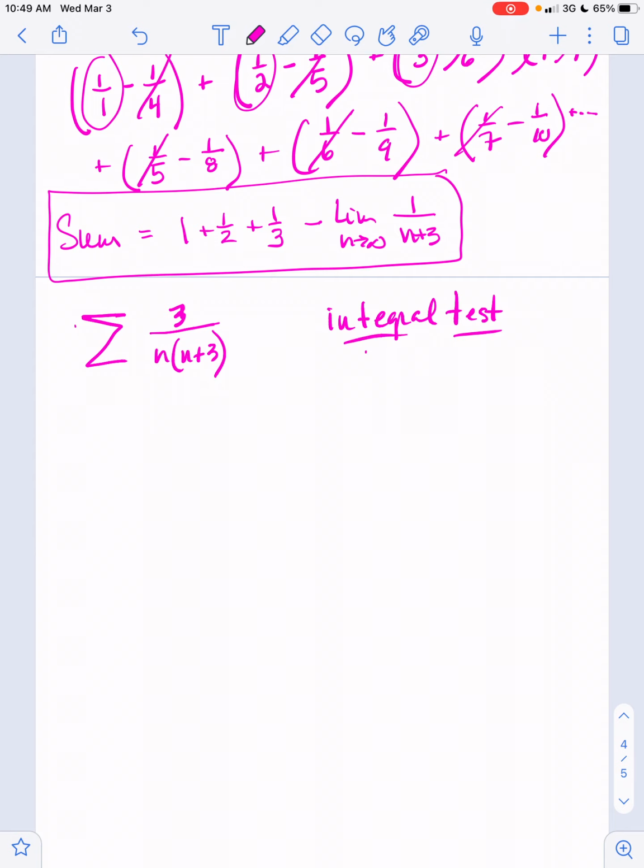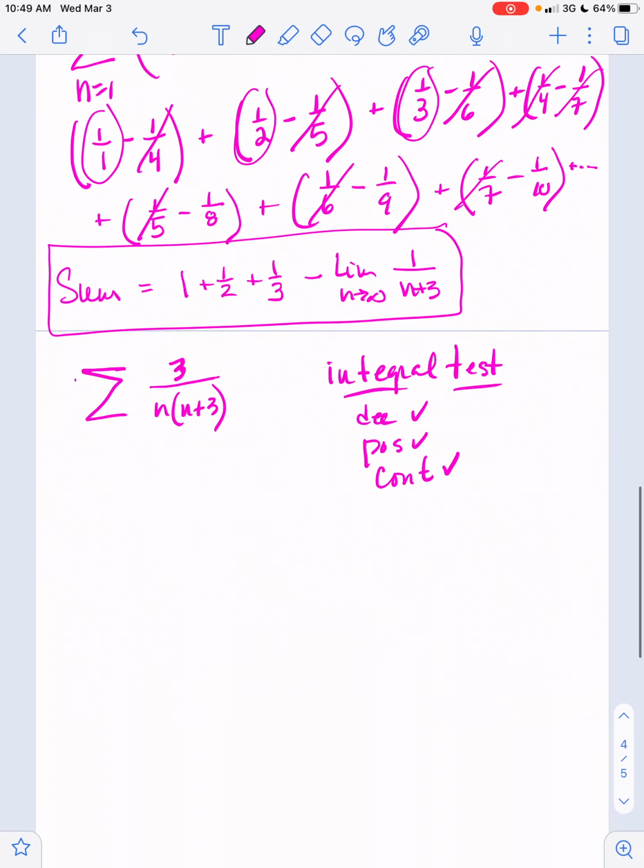Well, it's decreasing, positive, and continuous. So I could, is it easily integrable? I've got to use partial fractions, which I've already done here. So let's just bring that back. 1 over n minus 1 over n plus 3.